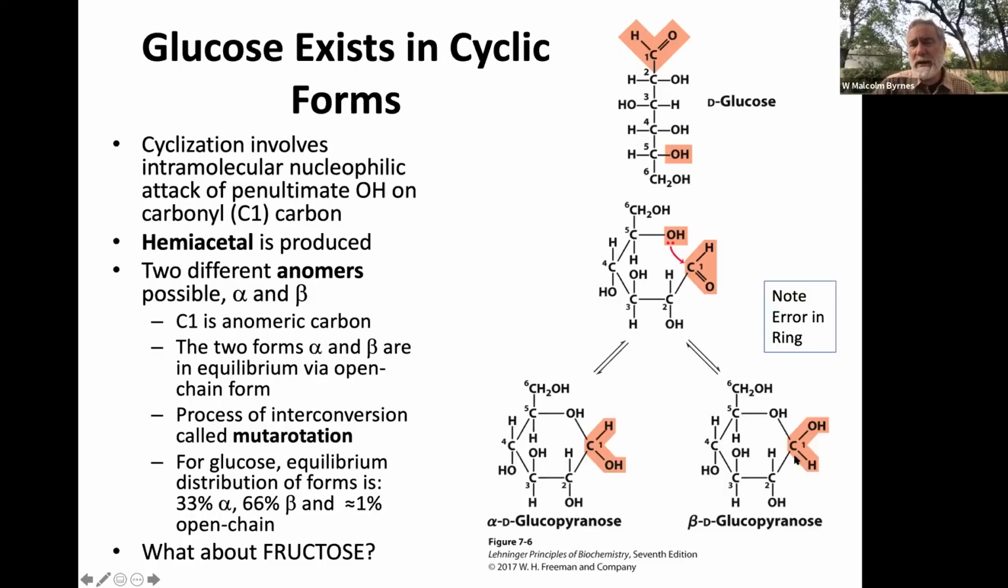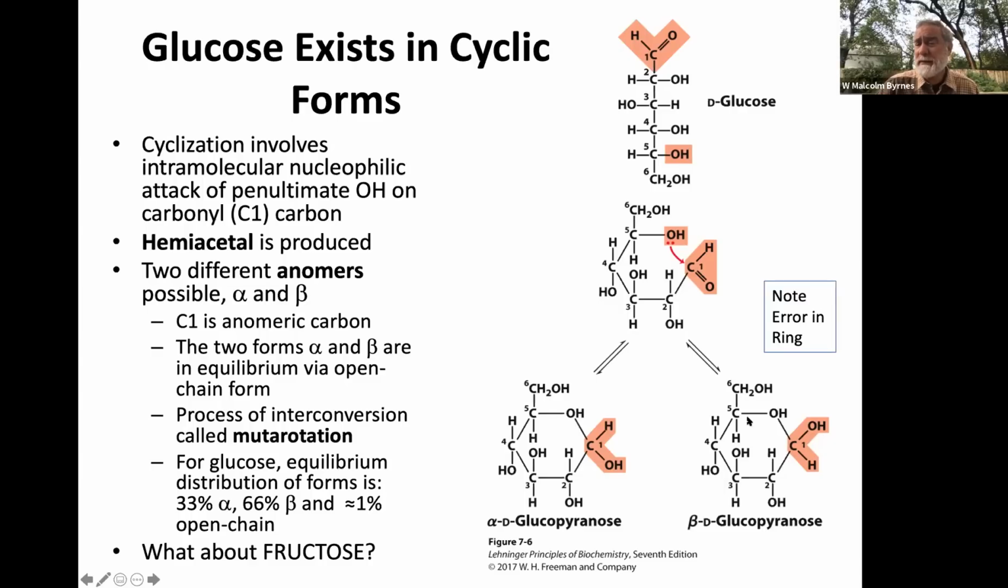But the C double bond O now becomes COH, and that COH can be either up to form beta or down to form alpha. Now, actually, beta is up only because this CH2OH is up, which is the case for the D isomer.